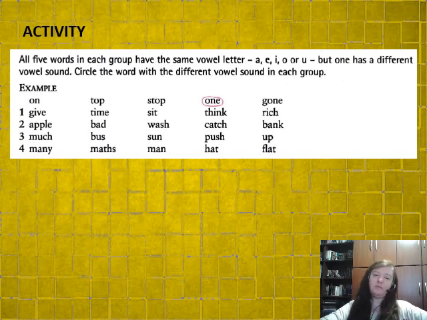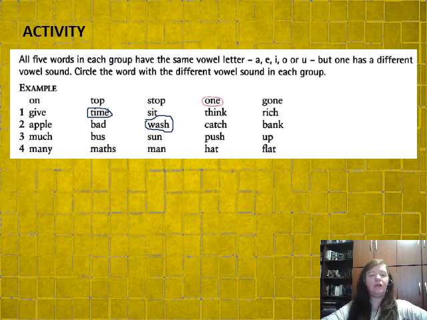Okay, here are now the answers for you to check. In number 1, it says give, time, sit, think, and reach. So the one that is different is time. In number 2, you have apple, bad, wash, catch, and bank. So the different one is wash.